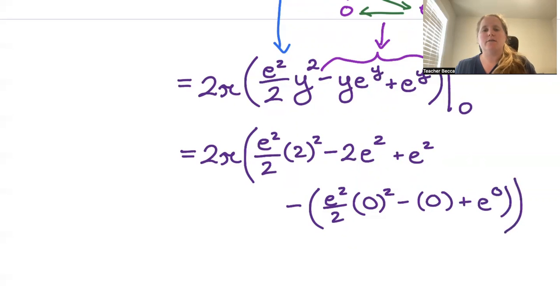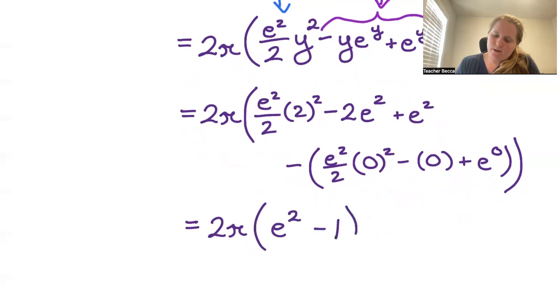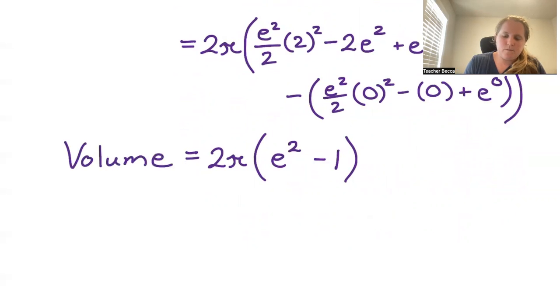Again, all of that is multiplied by the 2 pi out front. So we have 2 pi times 2e squared minus 2e squared cancels out, and we're just left with e squared. Then we are subtracting off 1. So our volume is 2 pi times e squared minus 1.